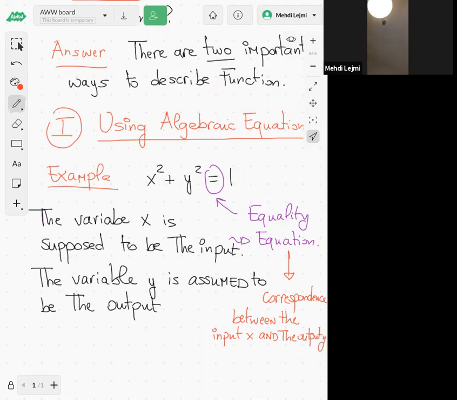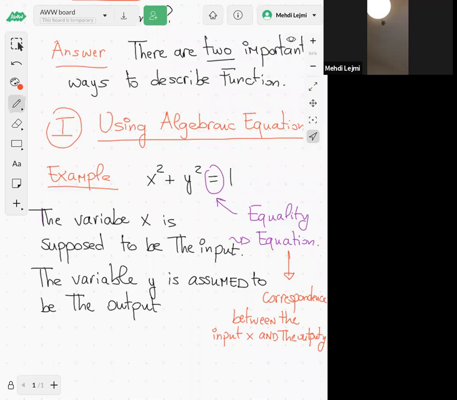Again, in our definition, we said we have a correspondence between a set of inputs and a set of outputs. Whenever you have x, that is your input, and whenever you have y, that is your output. The equation describes the relation between them, and that relation is your correspondence.